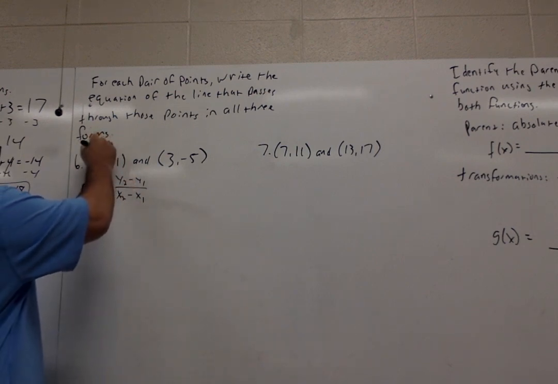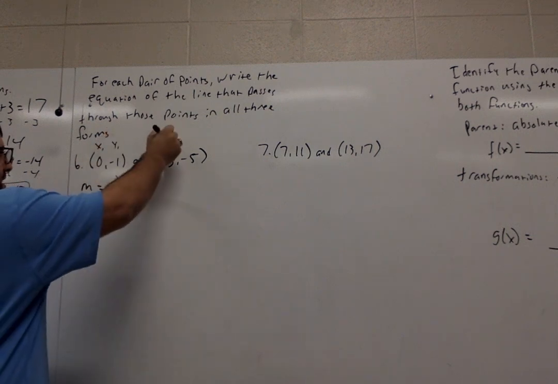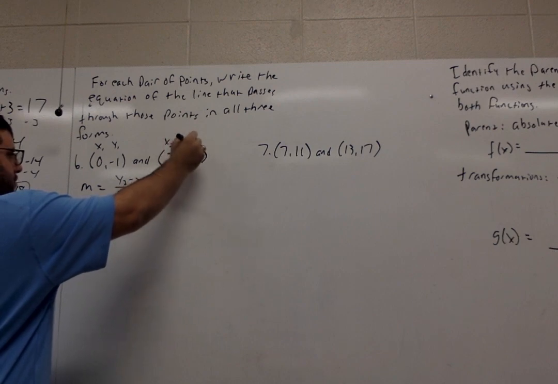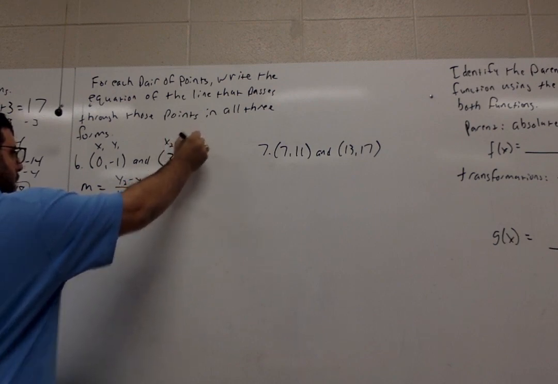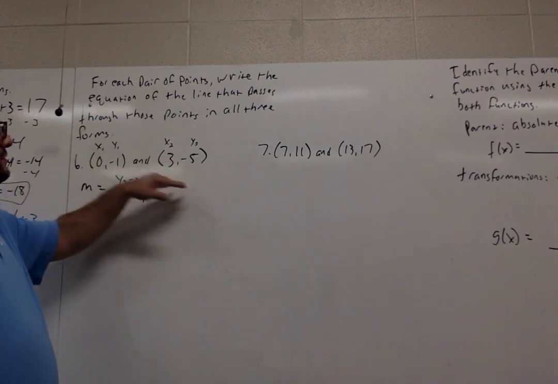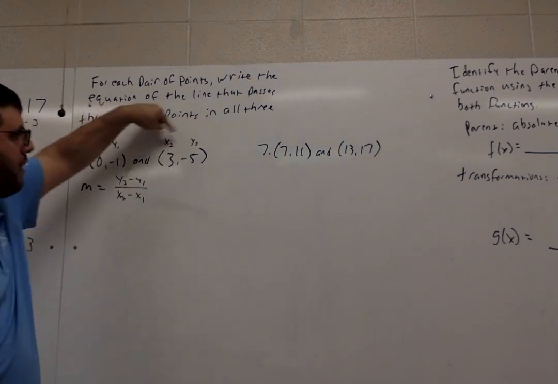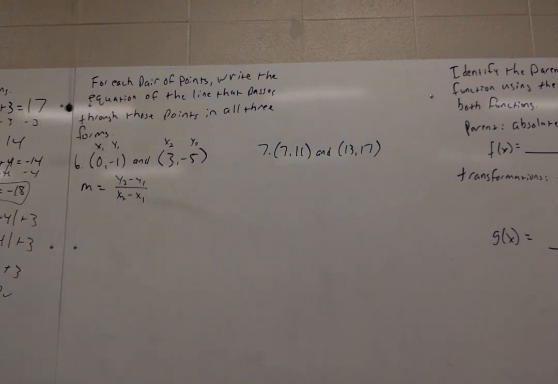If 0 is going to be my x1, then negative 1 has to be my y1. Same thing here. If 3 is my x2, negative 5 has to be my y2, okay? So make sure I have a 1 and a 1 or a 2 and a 2. Okay, so please make sure you're not mixing them up.